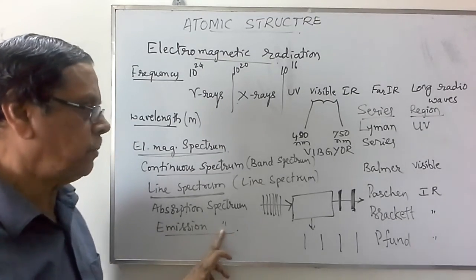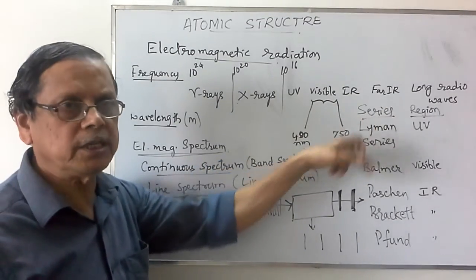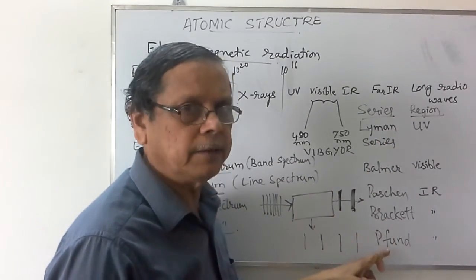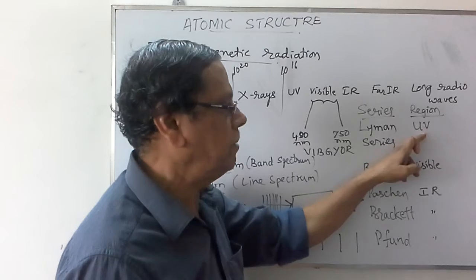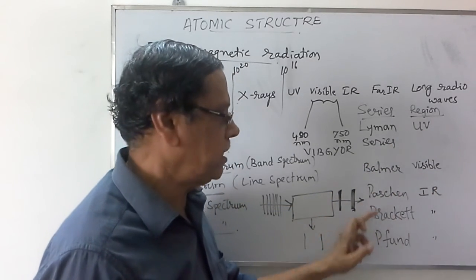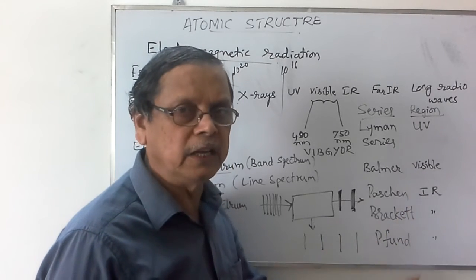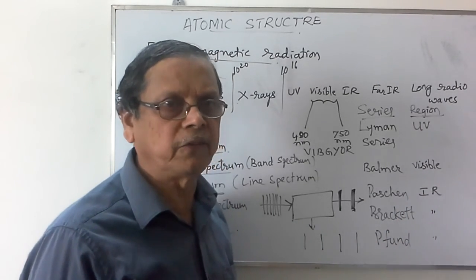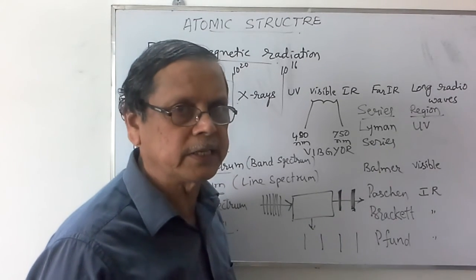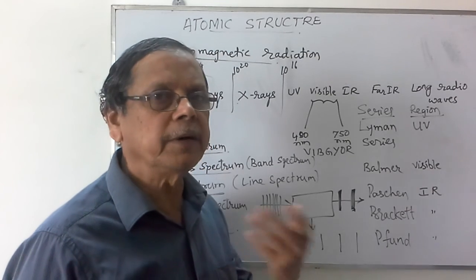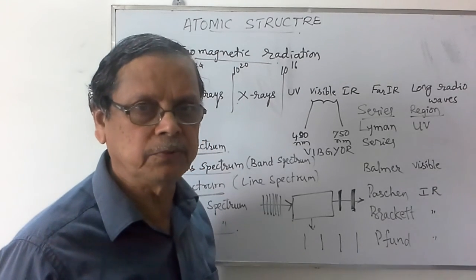In case of the emission spectrum of hydrogen, we observe five series of lines. Lyman series is available in the UV region, Balmer series in the visible region, and Paschen, Brackett and Pfund series in the infrared region. So to calculate the wavelength or wave number for all these radiations, we will consider the Rydberg equation. That we will consider in the next video.